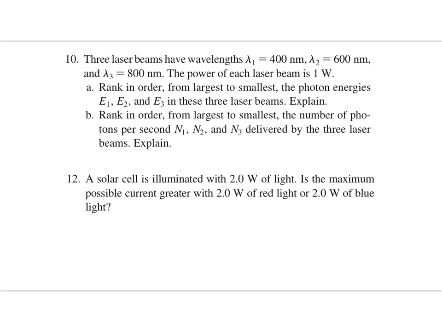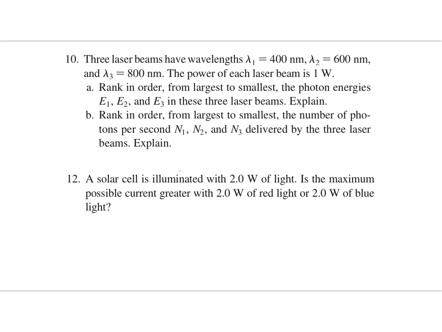But then let's think about the number of photons per second delivered by the laser beams. If you're delivering 1 watt in the form of 400 nanometer photons, it's not going to take as many photons as if you're delivering it in 800 nanometer photons. Suppose I was going to give you $1, and I can either give you nickels, which are worth 5 cents, or I can give you dimes, which are worth 10 cents.